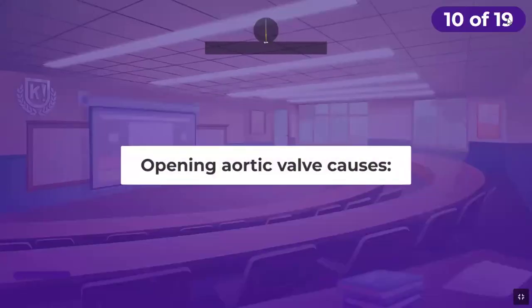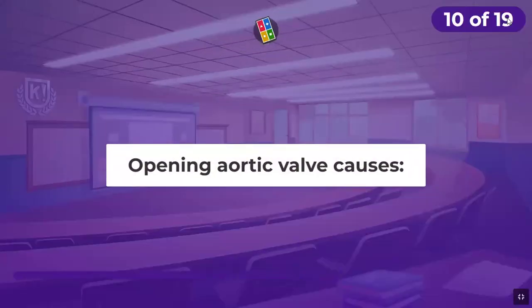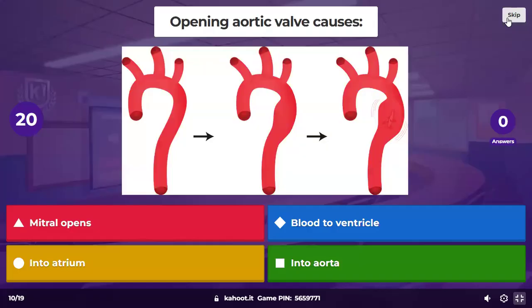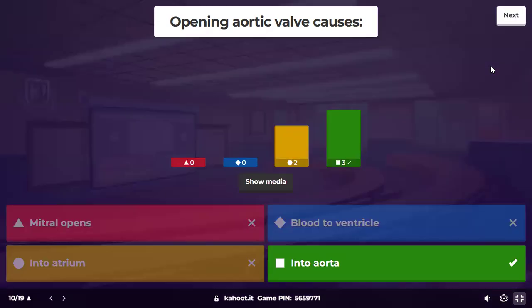Okay, next. Number 10. Opening the aortic valve causes what? Mitral open, blood to ventricle, into atrium, or into aorta. This one is easy. Yeah, it causes the blood to enter the aorta.